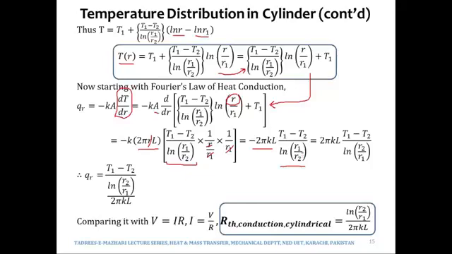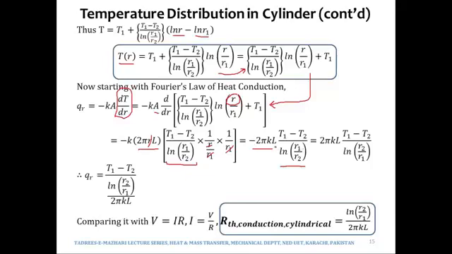So this ratio would be a quantity less than 1, and the log of a quantity less than 1 would be negative. So if we bring this negative sign in here, it will make the denominator positive all the time.